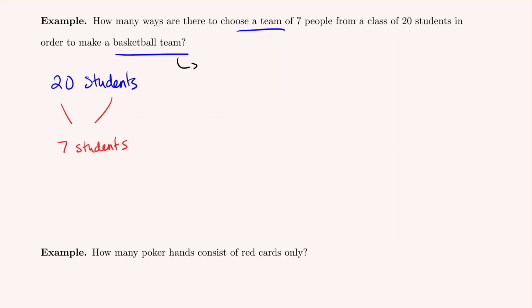In terms of a team, order does not matter. So will we use combination or permutation? Since order does not matter, we are going to use our combination formula. If I need to, I reference back in my notes and I write down the general formula.